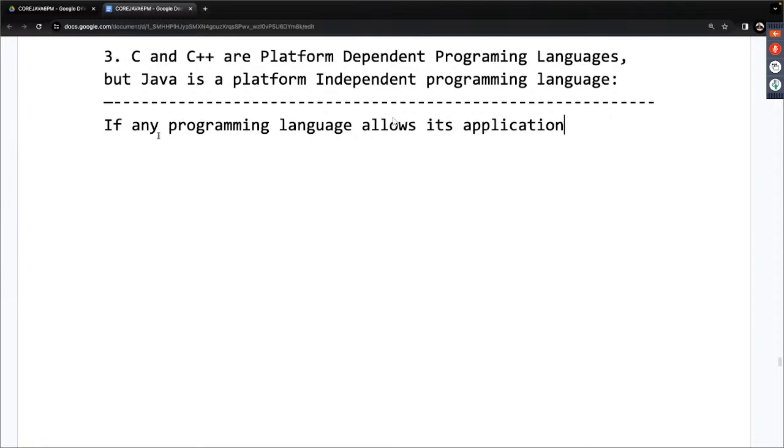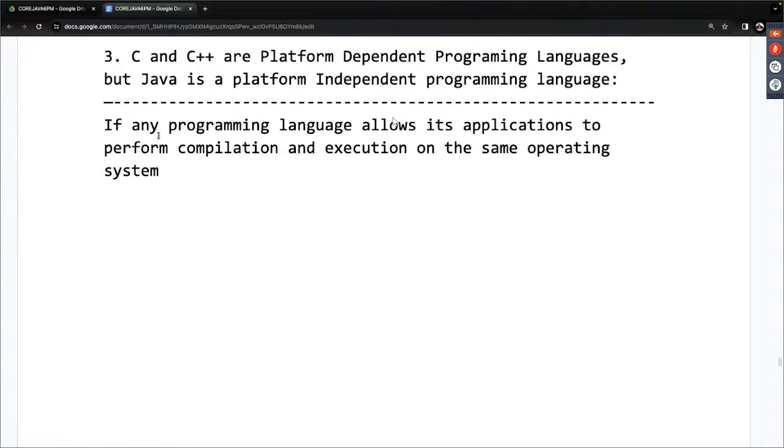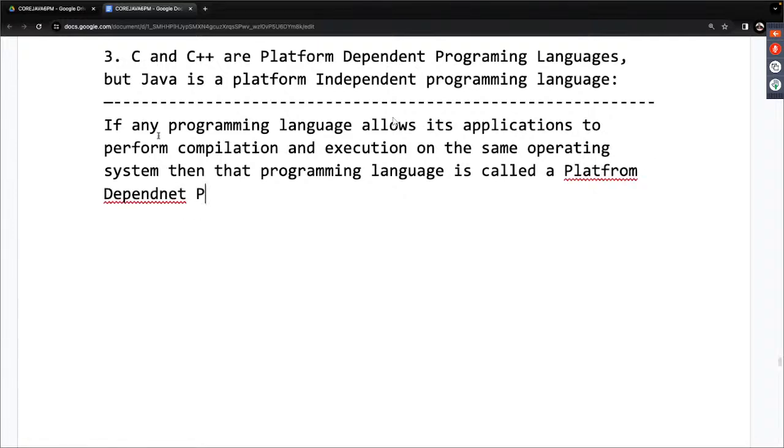If any programming language allows its applications to perform compilation and execution on the same operating system, not on two different operating systems, then that programming language is called a platform dependent programming language.